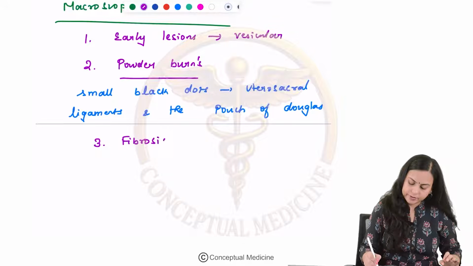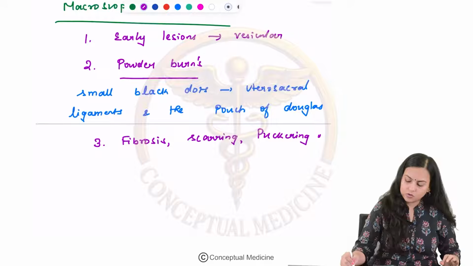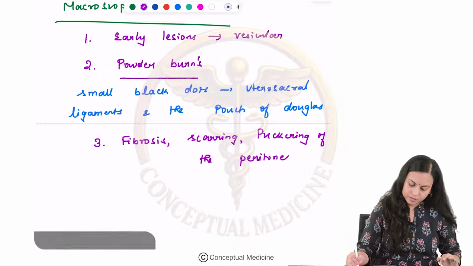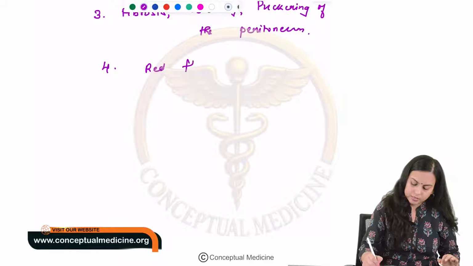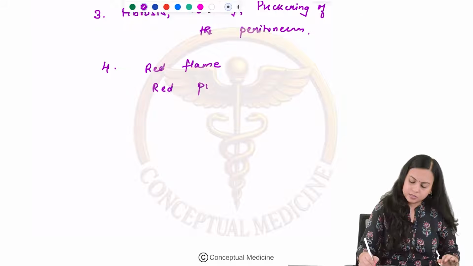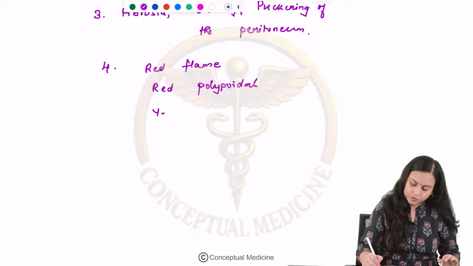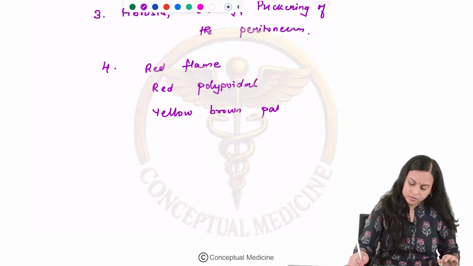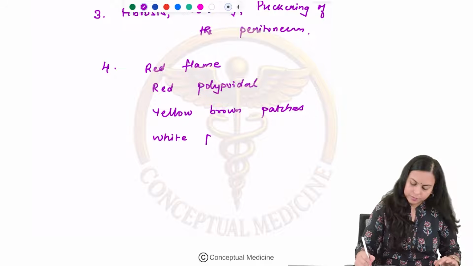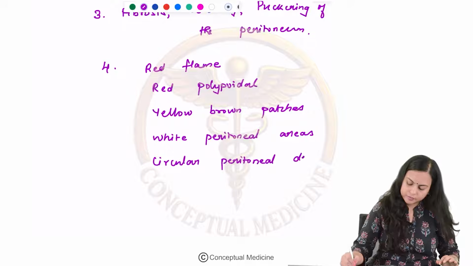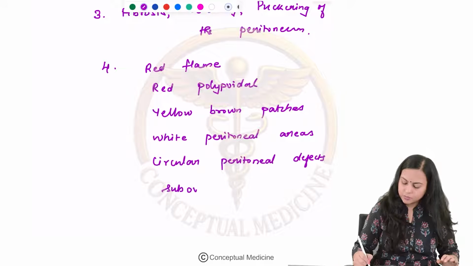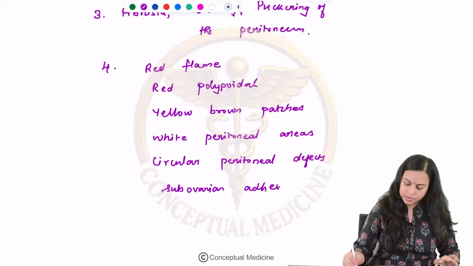Next point is, as we have already seen, there can be fibrosis, scarring or puckering of the peritoneum, and other appearances you can have will include a red flame shaped appearance or a red polypoidal appearance, yellow brown patches, white peritoneal areas, circular peritoneal defects, and subovarian adhesions as well.